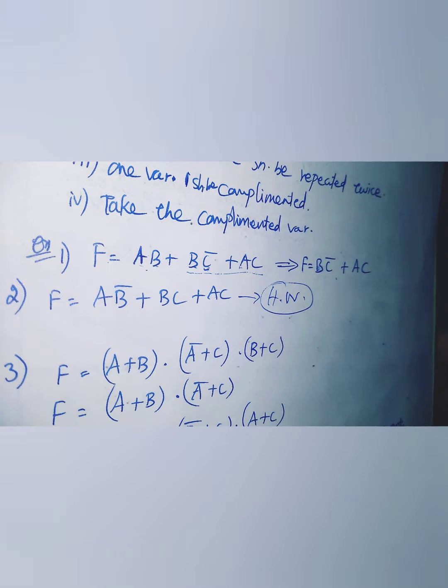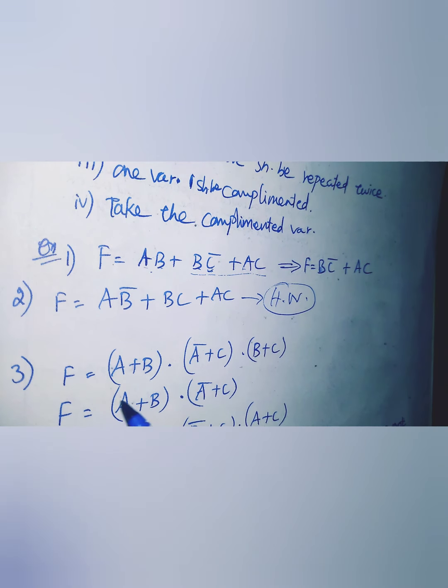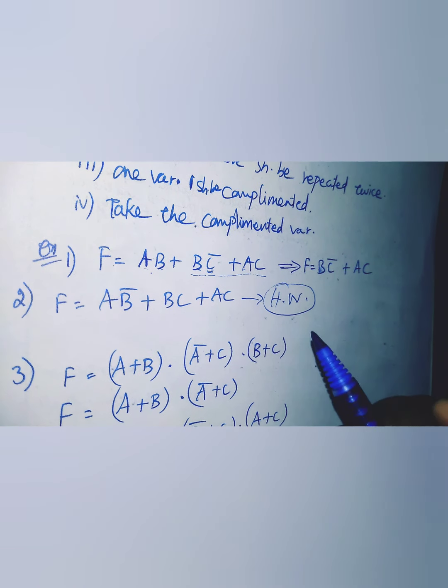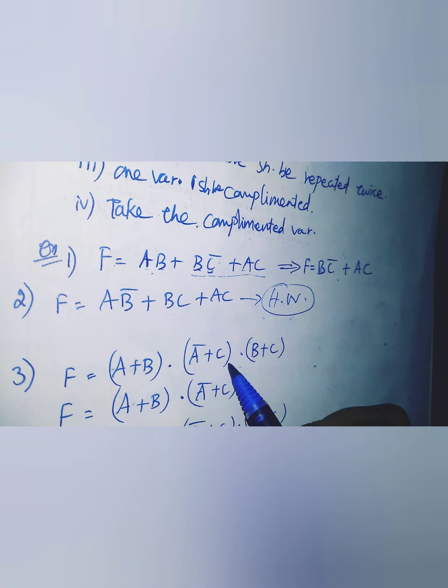Then next one. See this function: (A plus B) and (A bar plus C) and (B plus C). Now check these rules. Does it have 3 variables? Yes.